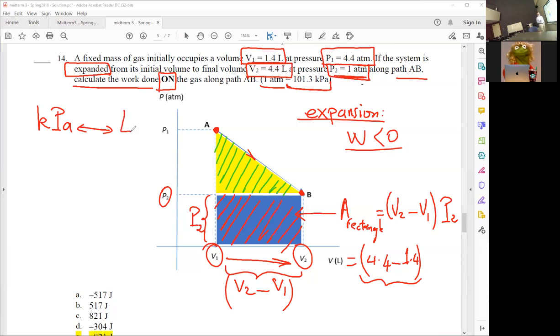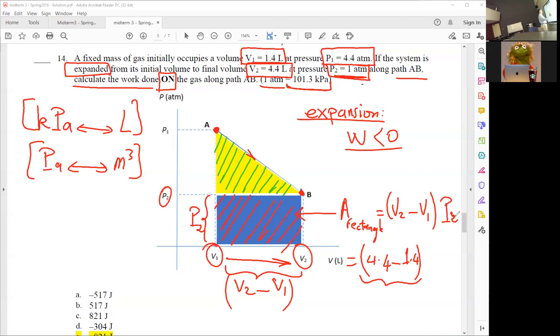When you have pressure in Pascal, the volume should be expressed in... can you remind me? When the pressure is in Pascal, the volume should be in cubic meters. Yes, Tanya, very good. So pressure Pascal, volume cubic meters; pressure kilopascal, volume in liters. Because the volumes are in liters, it will be easier to keep the pressure now in kilopascal.